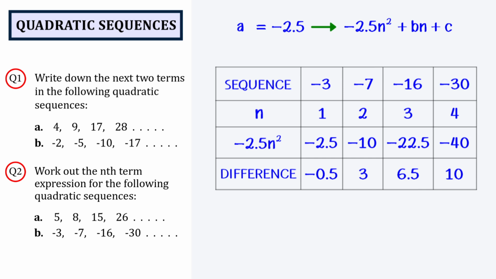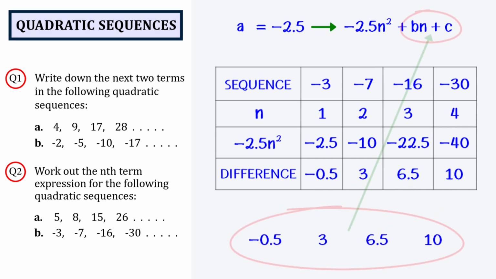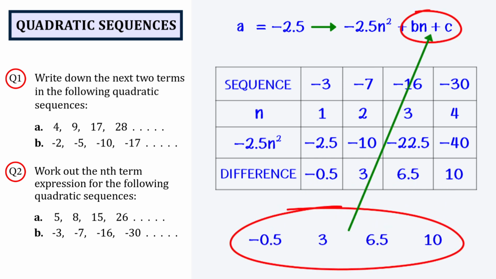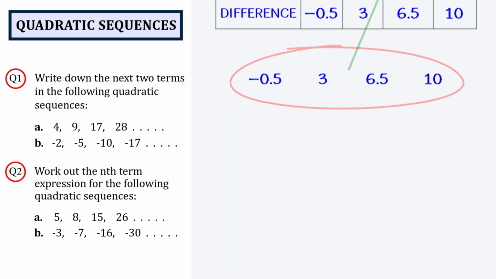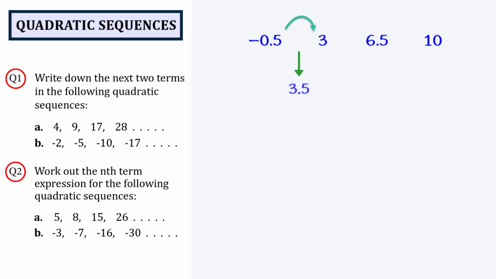And so we now have this new sequence, which is the sequence represented by bn plus c in the quadratic nth term expression, and so we can now work out its nth term expression. Well, the difference between minus 0.5 and 3 is 3.5, between 3 and 6.5 is 3.5, and between 6.5 and 10 is also equal to 3.5.